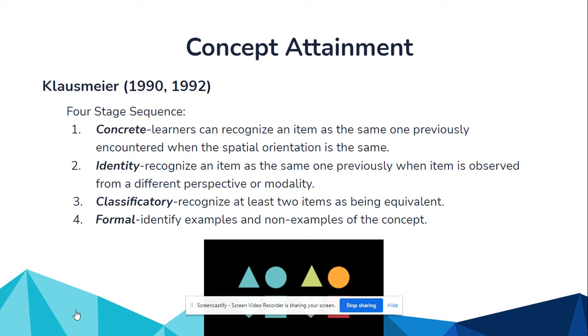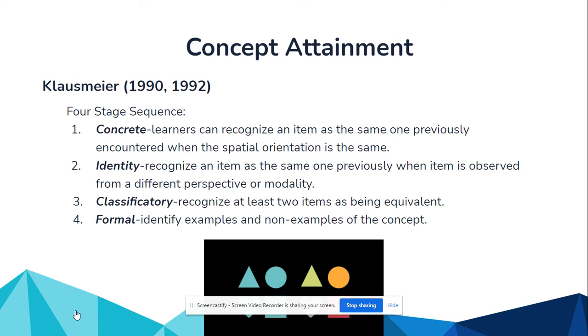For instance, I would be able to identify an equilateral triangle from a right triangle, okay? Or I would see an equilateral triangle early on, and when I see a second one, I can identify that's an equilateral triangle based on the image. Identity is to recognize an item as the same one previous when the item is observed from a different perspective or modality.